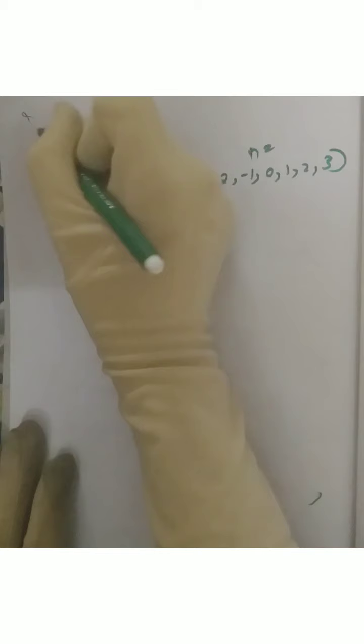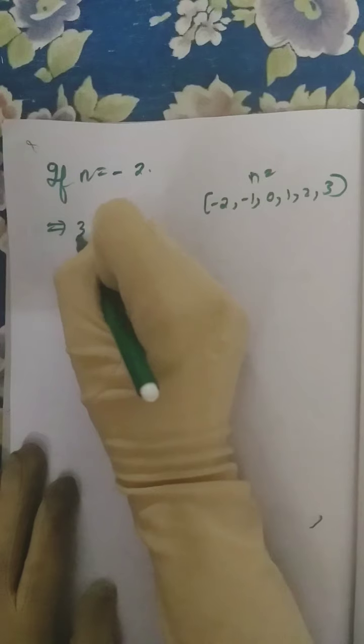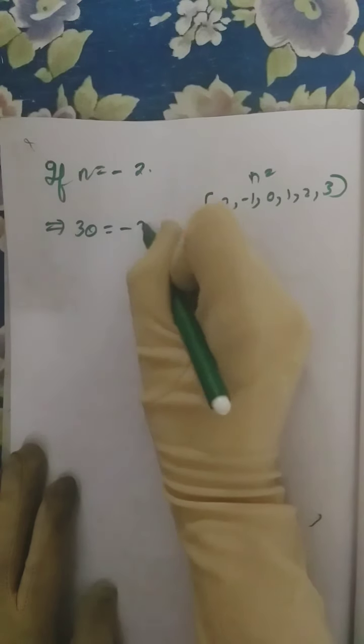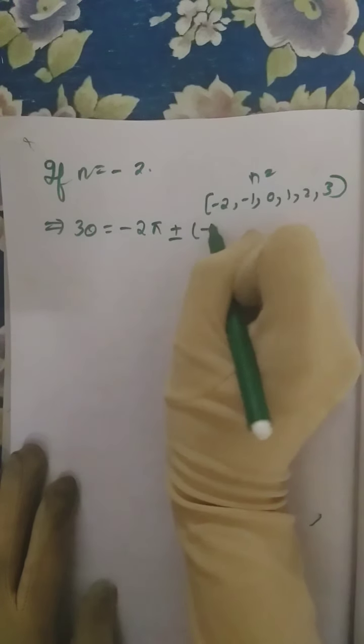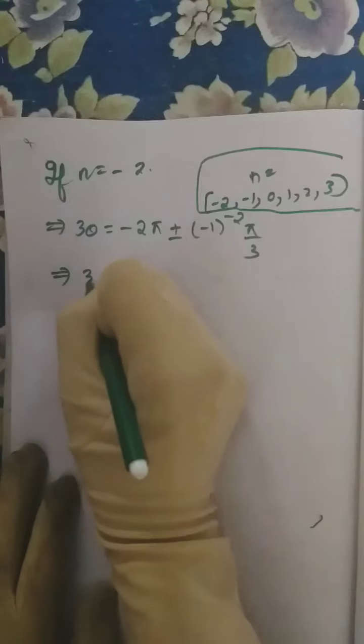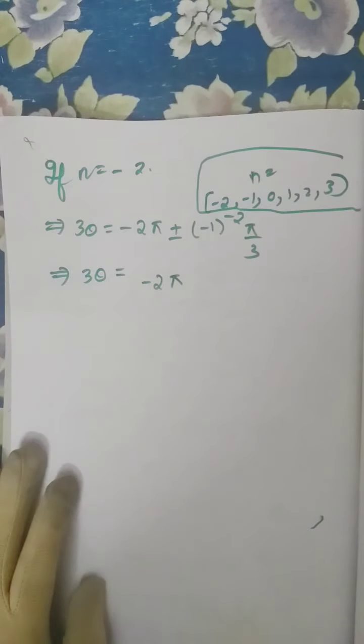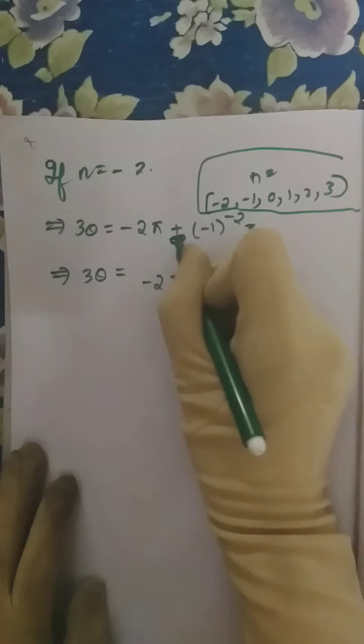So if n is equal to minus 2, then my equation becomes 3 theta is equal to minus 2 pi plus minus 1 power minus 2 into pi by 3. This is rough. Here I have only plus in the equation, n pi plus.